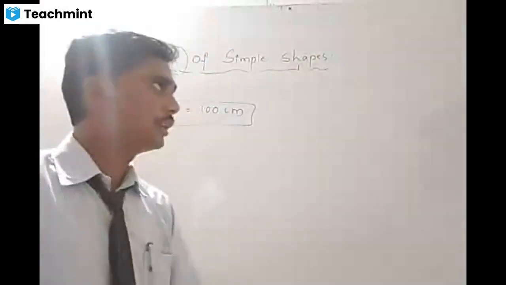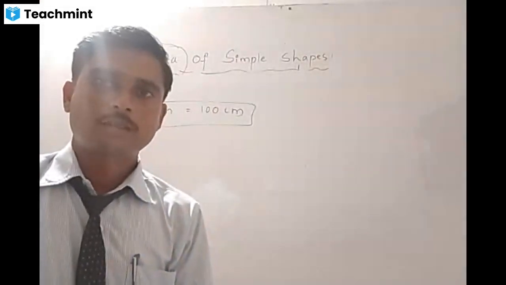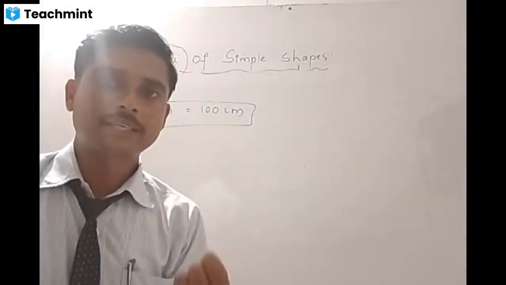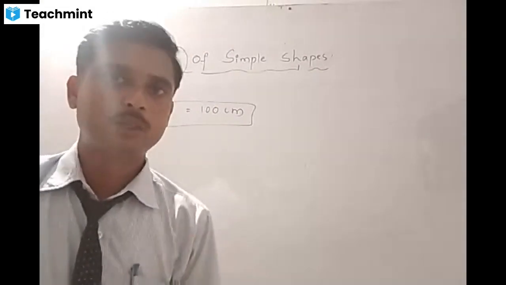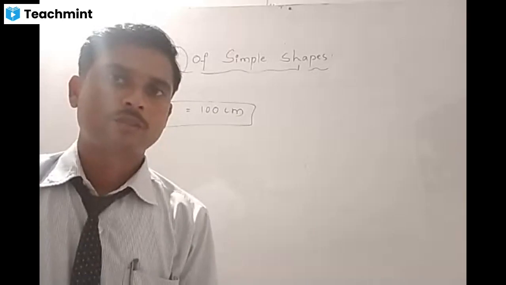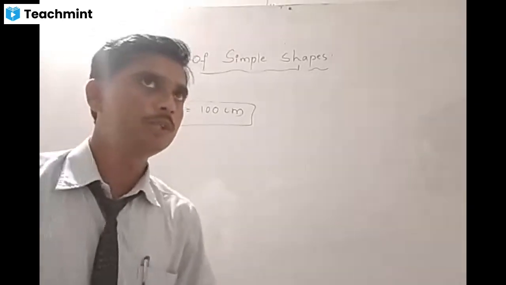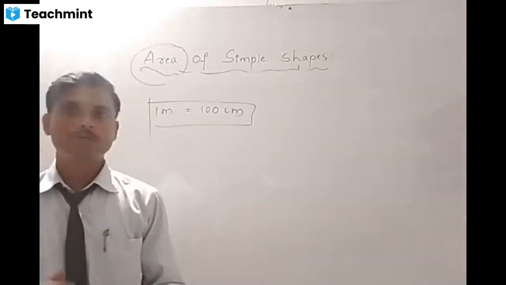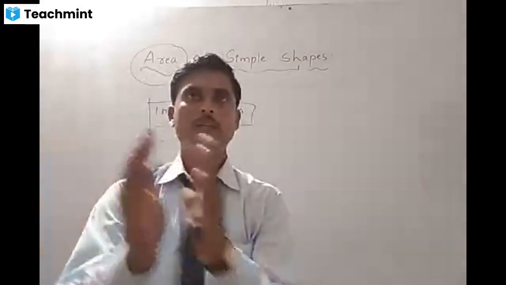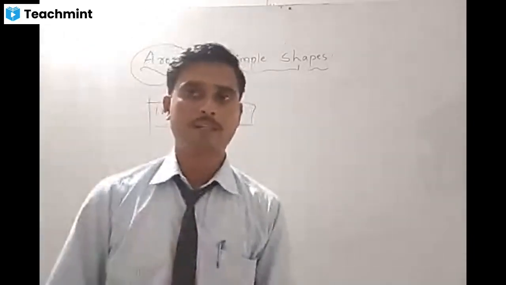Anushka, which unit do we use to measure the area? Square unit. Yes. Square unit we use to measure the area. If centimeter is given, we use square centimeter. If meter is given, we use square meter.